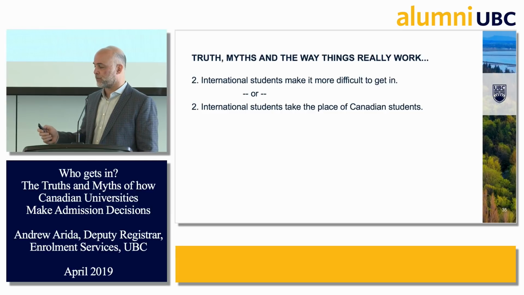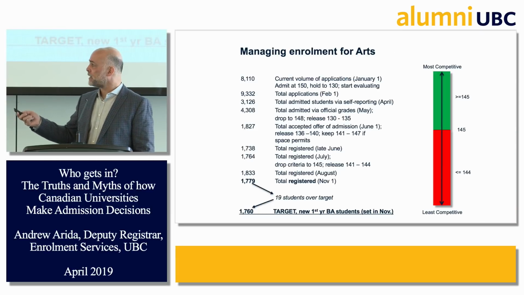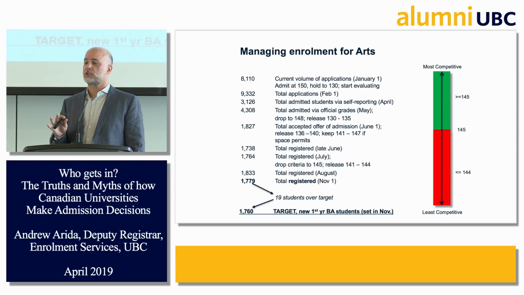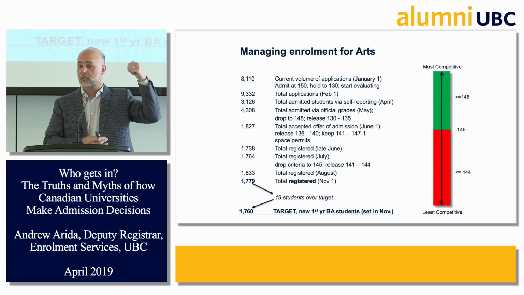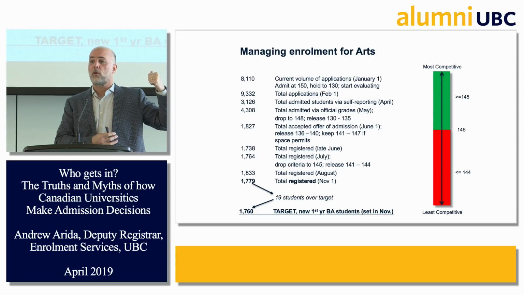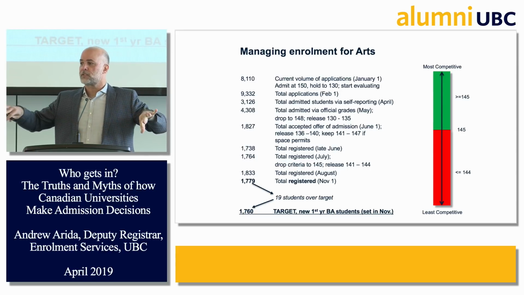How? Very simple. When I go back to this exercise, the 1,760 first-year art students at the bottom, this is domestic only. When I rank order from the most competitive to the least competitive, as you see on the screen, there are no international students in that rank ordering. The rank ordering for international students is completely separate.